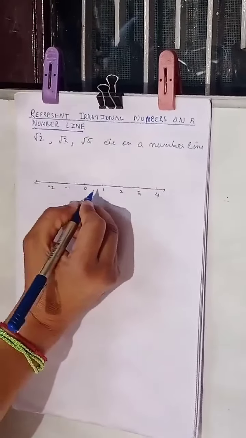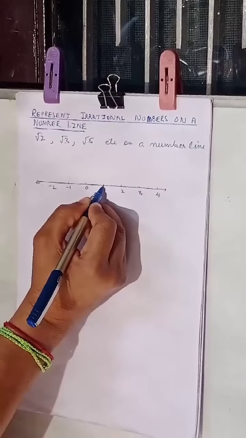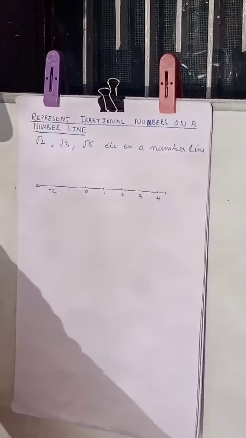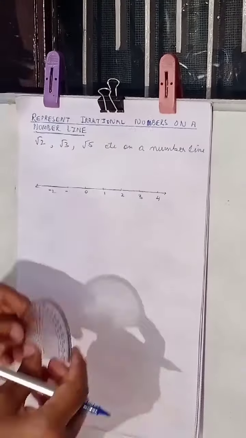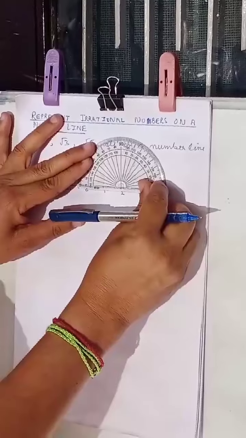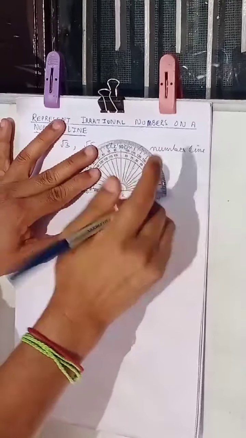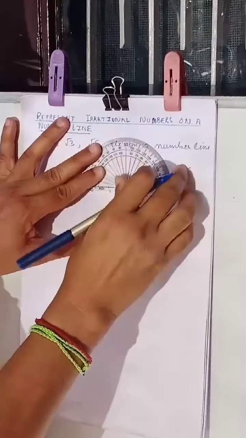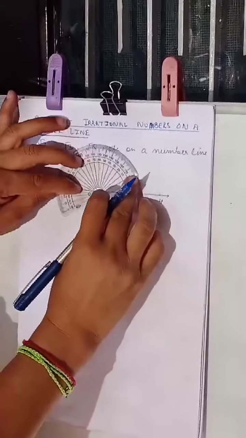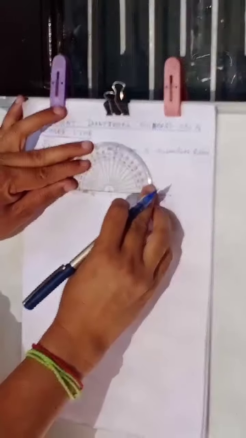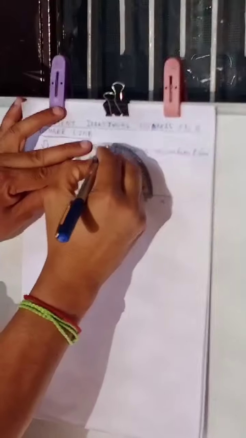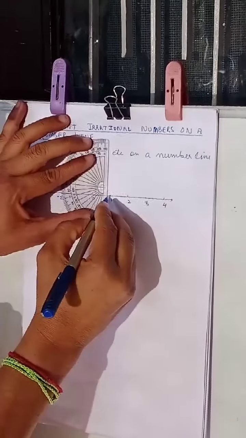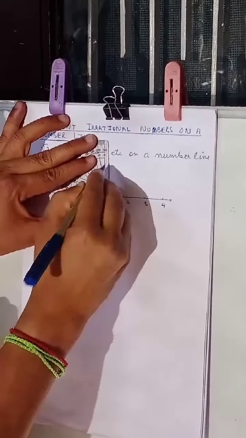So what to do? First of all, at a distance of 1, with the help of a protractor, draw a perpendicular. Okay, so at 1, draw a perpendicular, draw a line.